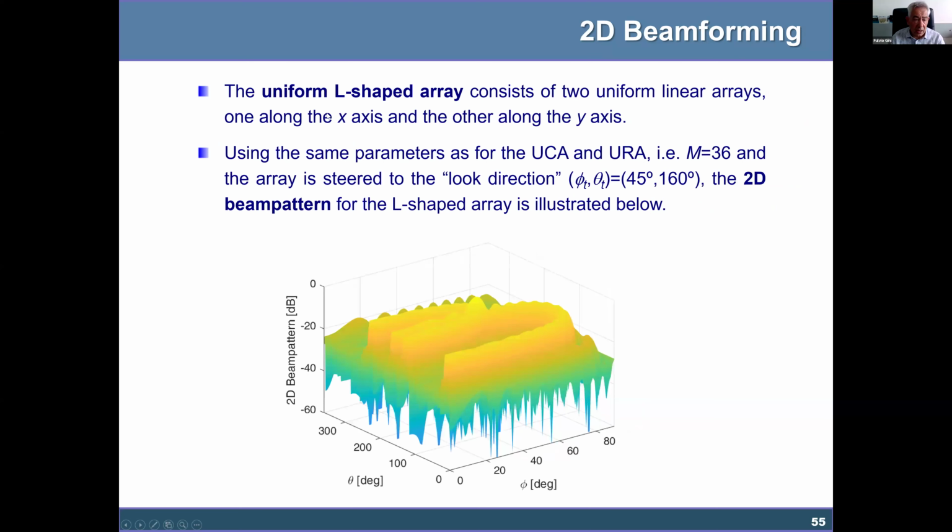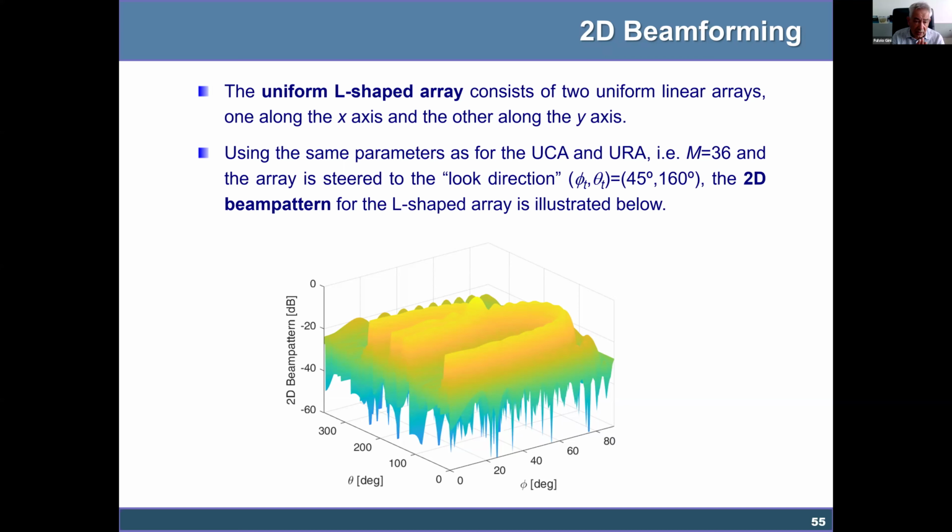Now, if you look at the uniform L-shaped array, again, we assume that we have 36 sensors. So basically, they are two uniform linear arrays, 18 along X, 18 along Y. In this case, clearly, because you have 18 along each direction, the aperture is greater than in the previous cases.